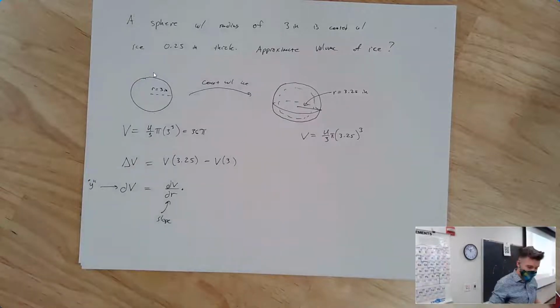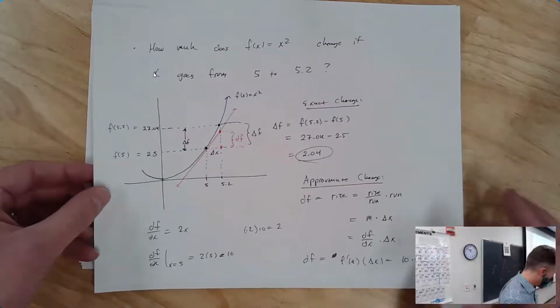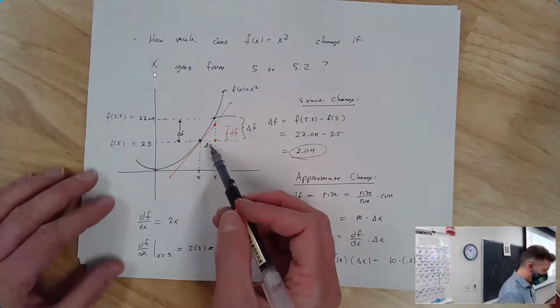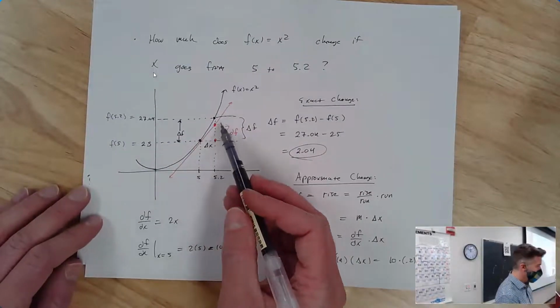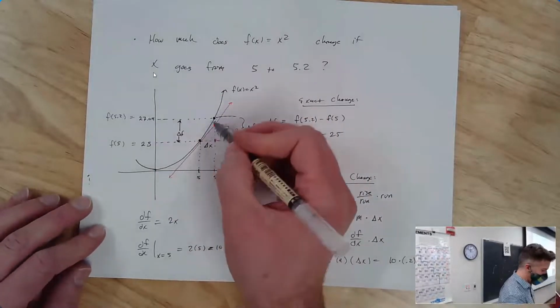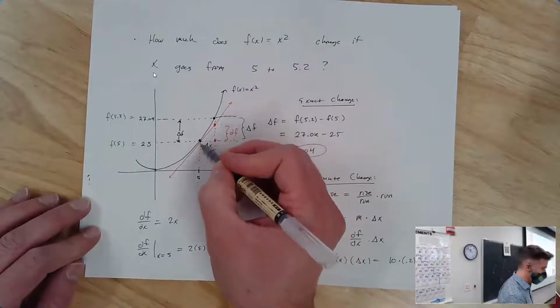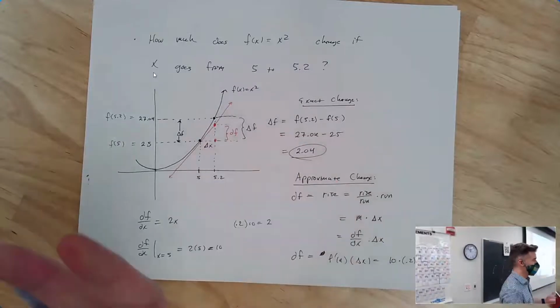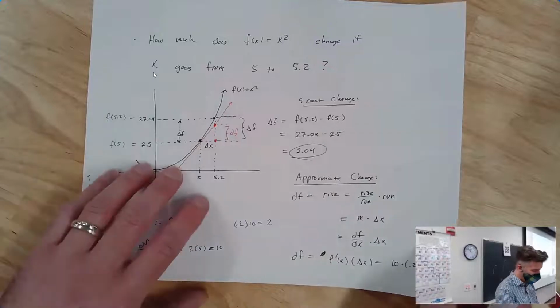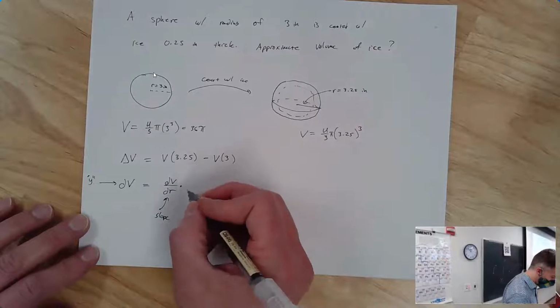If you go back to this picture I had before, I'm calculating delta F over delta x as this change over this change, and dF over dx as this change over this change, but the dx and the delta x are kind of the same. I don't want you to get too hung up on it because it's not that big a deal.